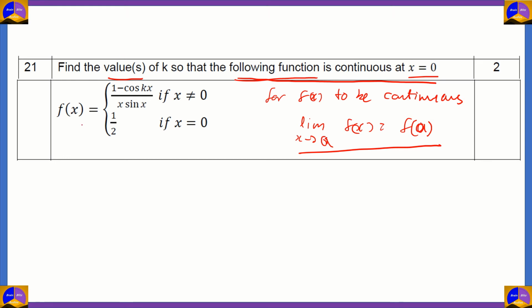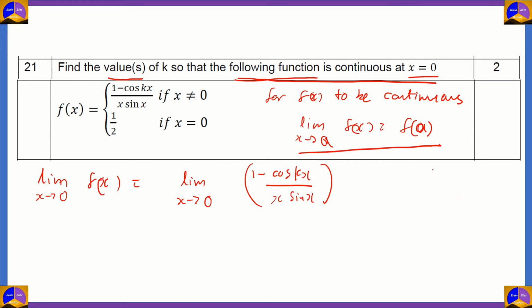So over here we need to find out the value of k so that there is continuity for this function. So limit x tends to 0 f of x over here is limit x tends to 0, and the term that is not equal to 0 is 1 minus cos kx divided by x sine x.